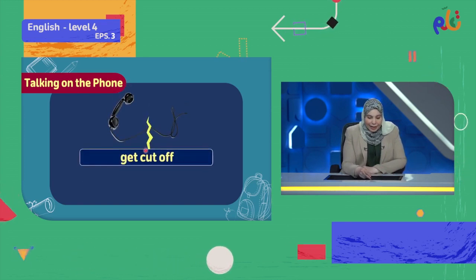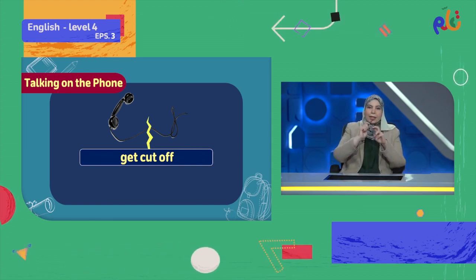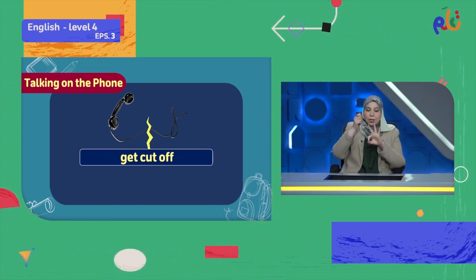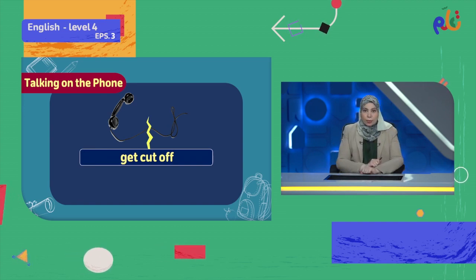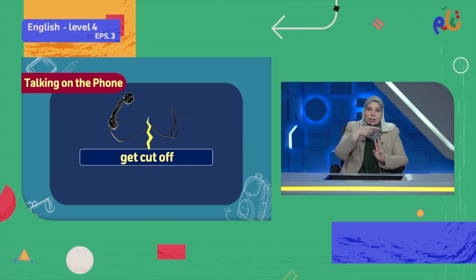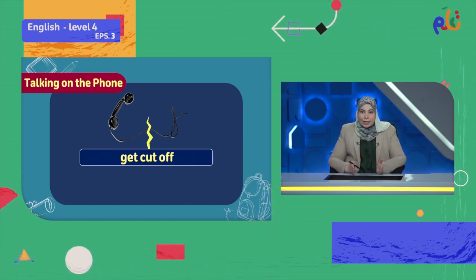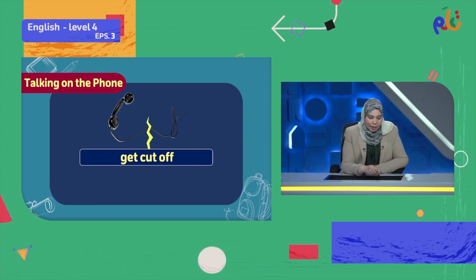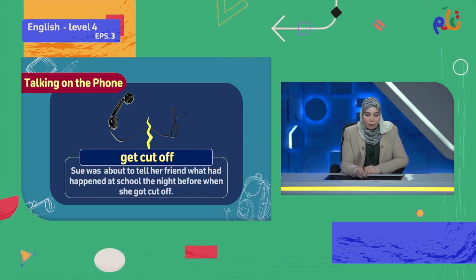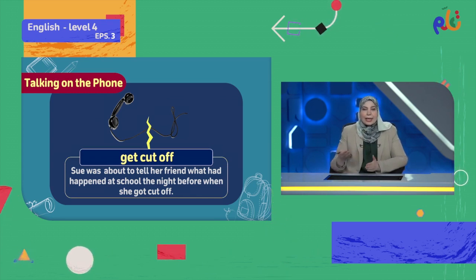We have get cut off. So here we have a three-part verb, consisting of get, cut and off. Your phrasal verb is basically cut off, and it means that you are talking to someone and then you get disconnected.